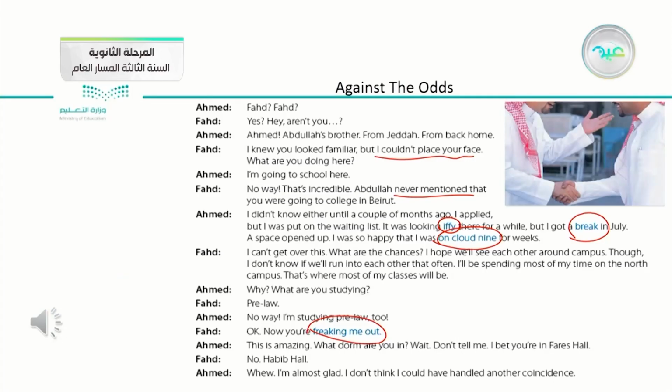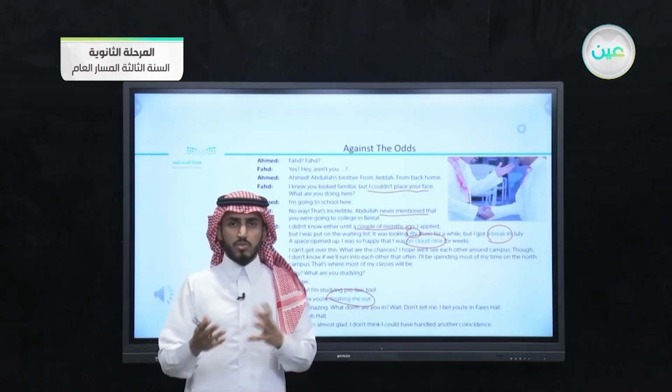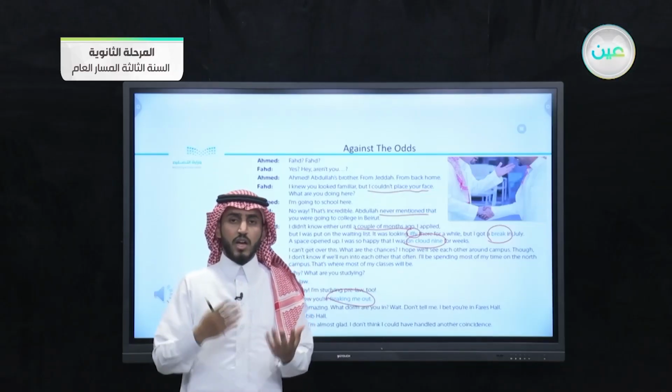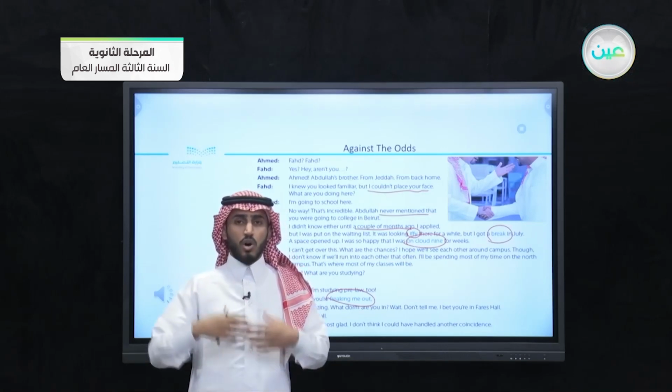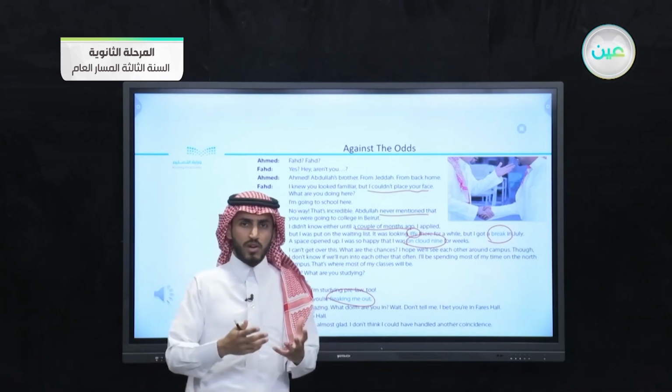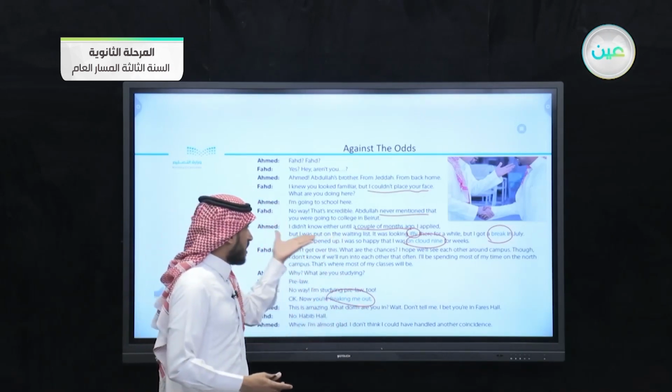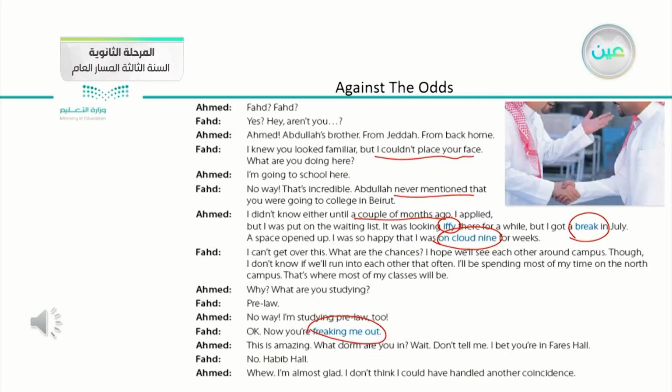Okay? Then we have "a couple of months ago." The phrase a couple of months or a couple of days can be used in more than one way. It could mean two days, and it also means a few days or a few months. For example, he said, "I didn't know either until a couple of months ago." It means a few months ago.